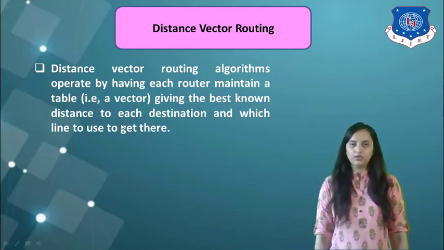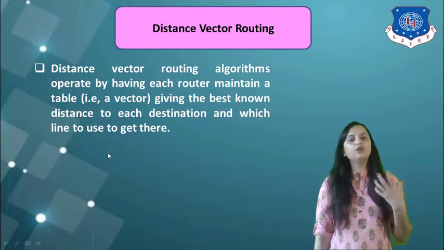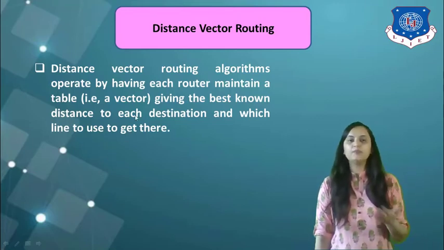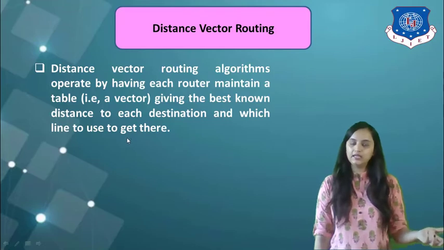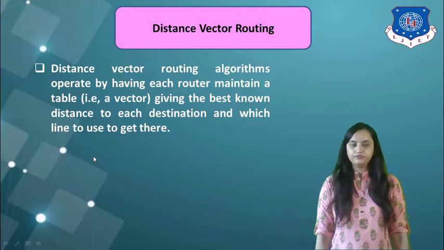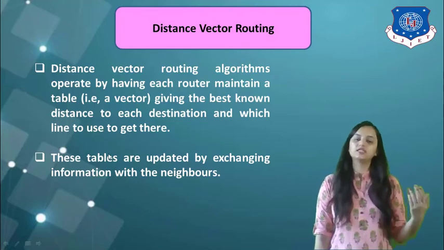So there is a table maintained in which every router or node records every outgoing line connected to it and the best known distance to its neighbor routers. These tables are updated by exchanging information with the neighbors, after every exchange of packets.